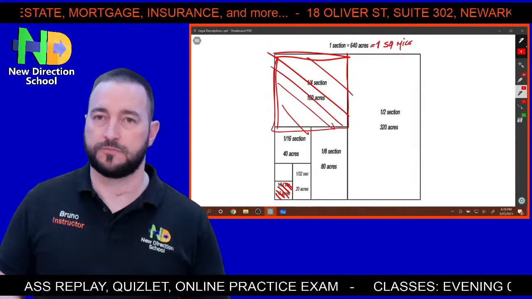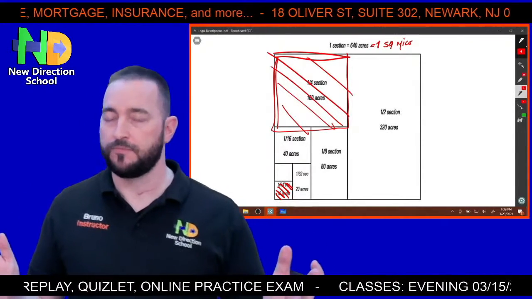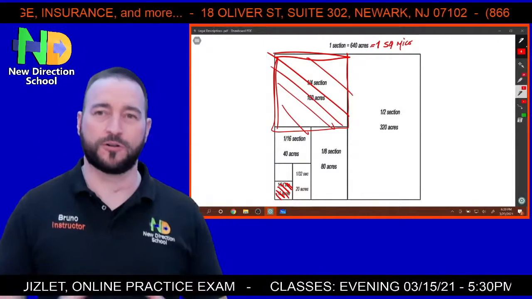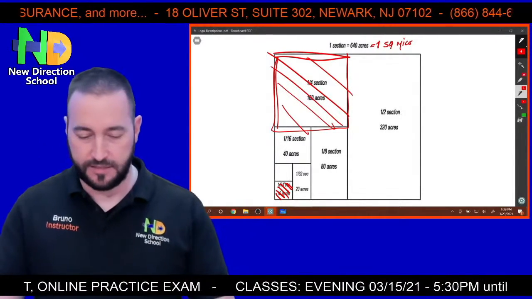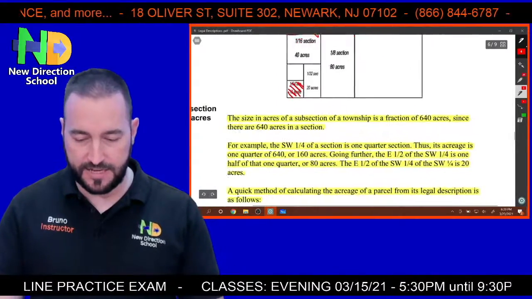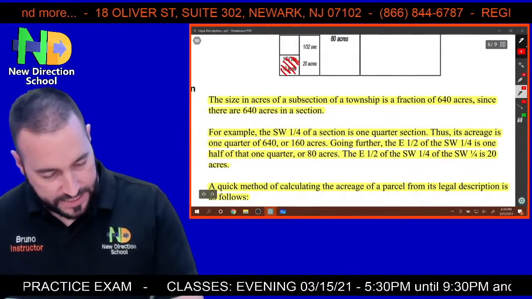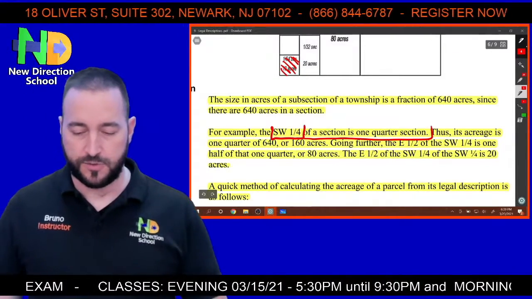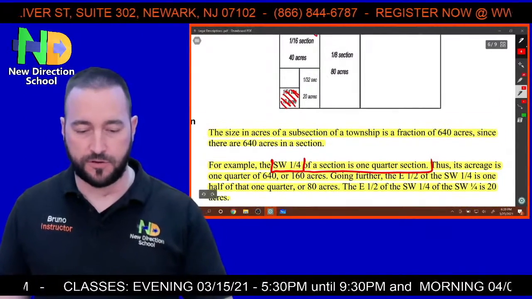Simple. Good so far? The question is, which quarter do I have? I know I have a quarter, but which quarter? In this example, it says southwest quarter of section is 1/4 section. Where's the southwest quarter?